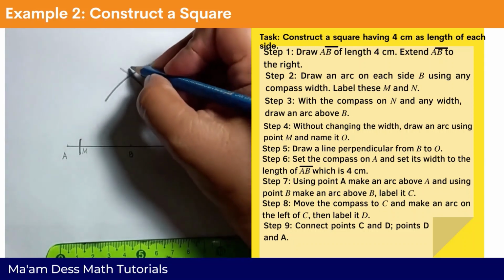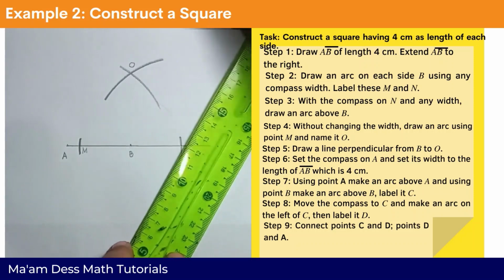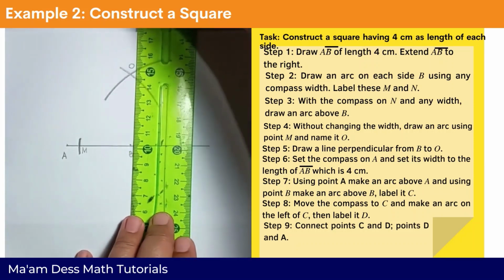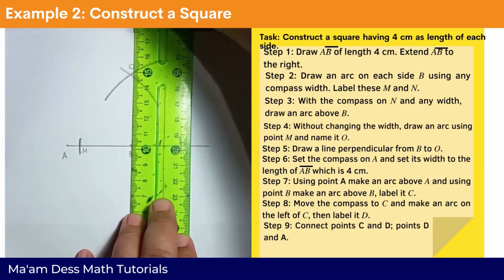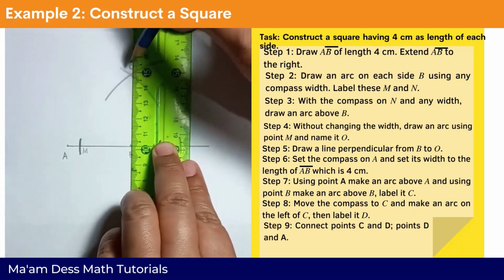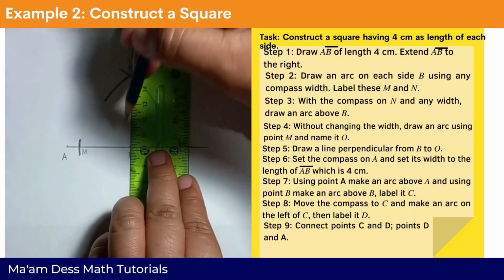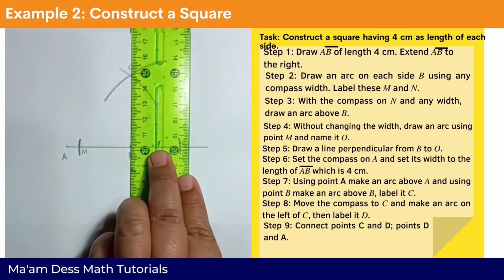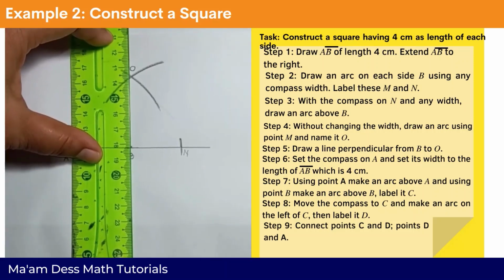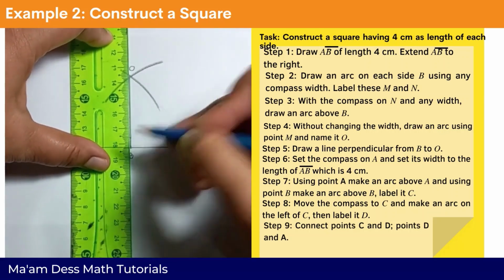So label this as point O. And then, draw perpendicular from O to point B. Okay, connect the points O and B.